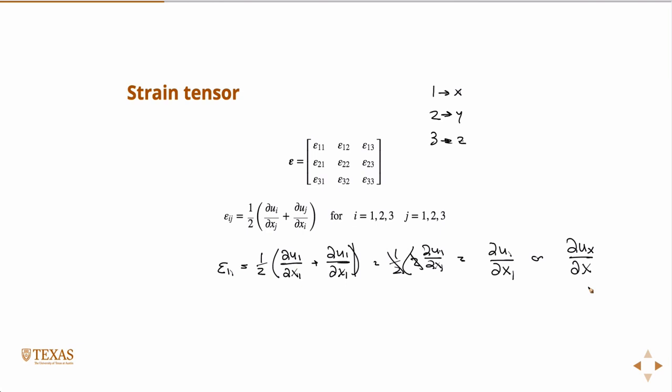And you can verify that 2, 2 would give you the same thing. 1, 2 would give you partial u1 partial x2 plus partial u2 partial x1, or as we were using earlier, partial ux partial y plus partial uy partial x.